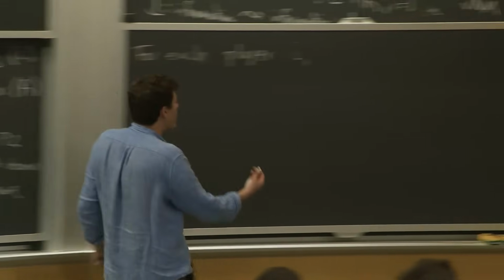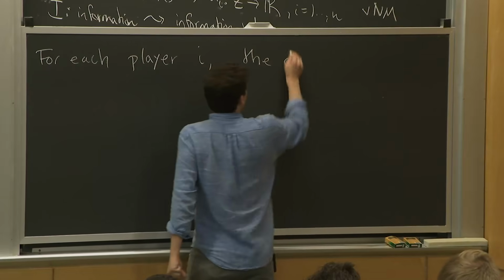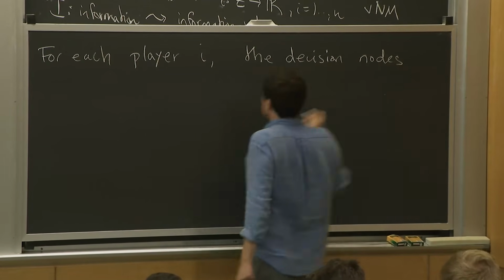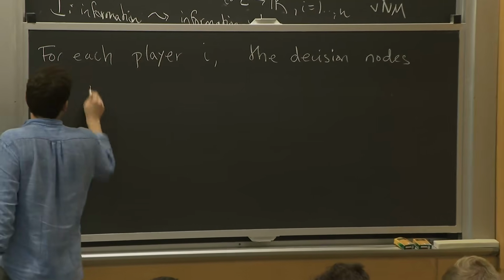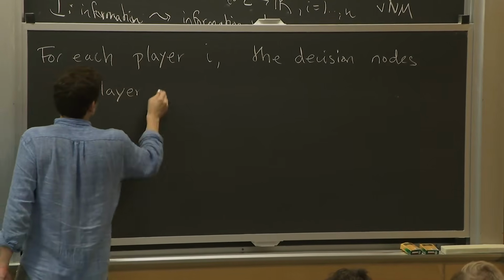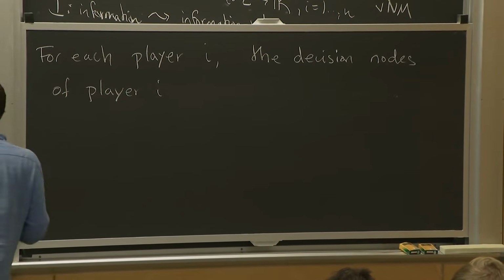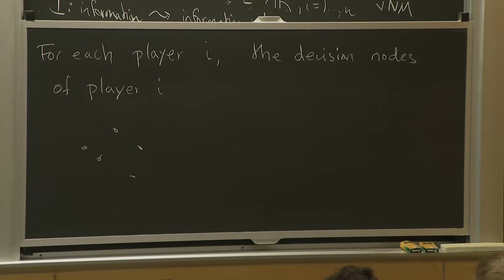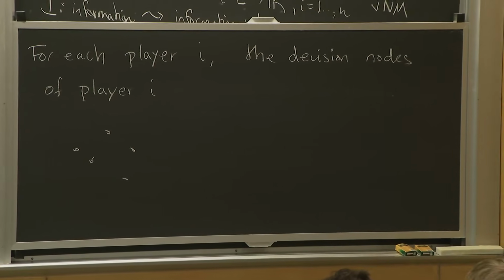So I'll say for each player I, the decision nodes of player I, they'd all be connected, but just to give an illustration, maybe the nodes are something like this. There'd be lines in between them, but let's just focus on the nodes for now.